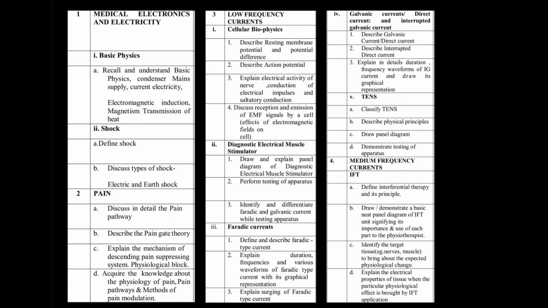Galvanic current same, but I would recommend that you follow a book which clearly distinguishes between Faraday, galvanic, and gives you basic ideas regarding what type of currents are and what are their subdivisions. Then comes the TENS. So TENS also, the five types, you'll get it in any book, but make sure that for TENS all sort of graphs are available.